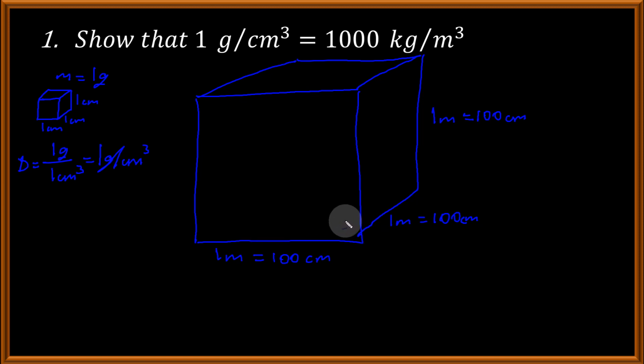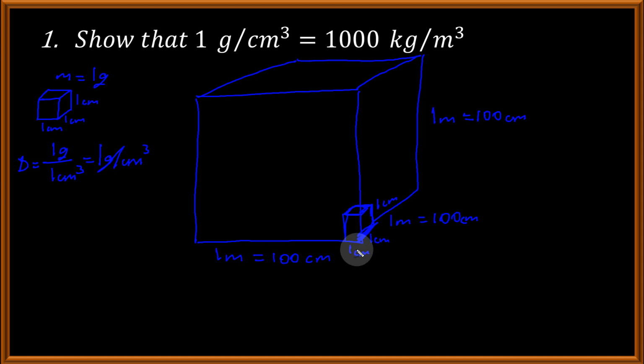Now, think about fitting a small cube in this corner here. Let's draw the small cube, which measures 1 centimeter by 1 centimeter, and it has a height of 1 centimeter.